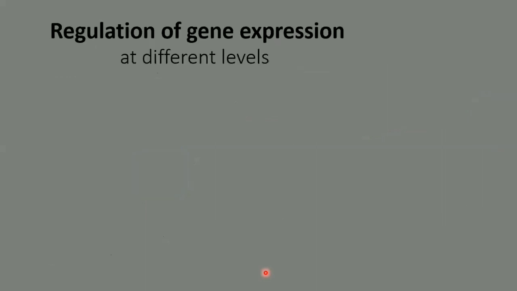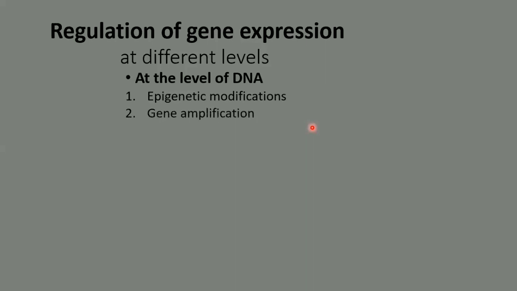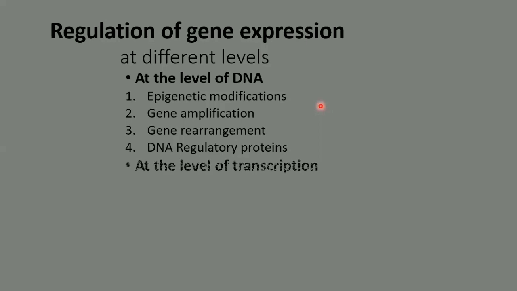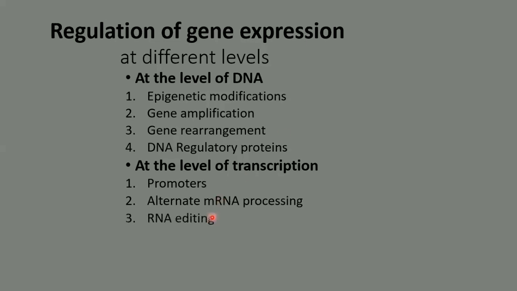So, what regulates gene expression in eukaryotes? Regulation of gene expression we can see at different levels. At the level of DNA, epigenetic modifications, gene amplification, gene rearrangement, and DNA regulatory proteins all help in regulation of gene expression. At the level of transcription, there are promoters, alternative mRNA processing, RNA editing, and mRNA stability.